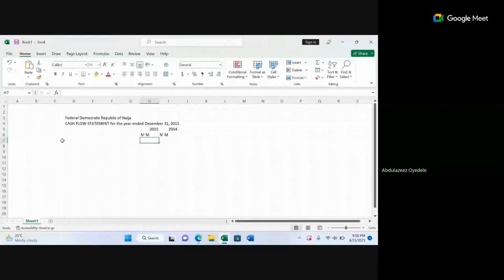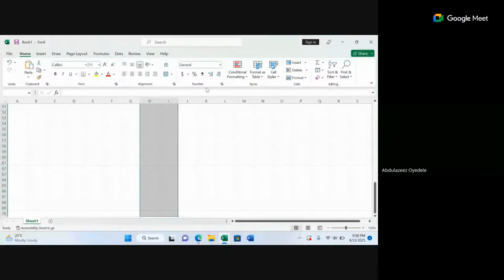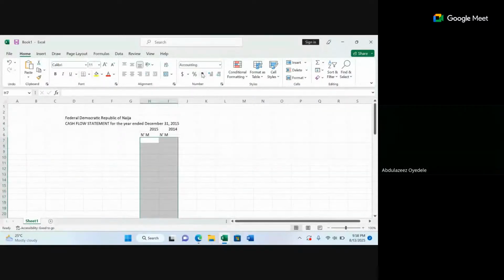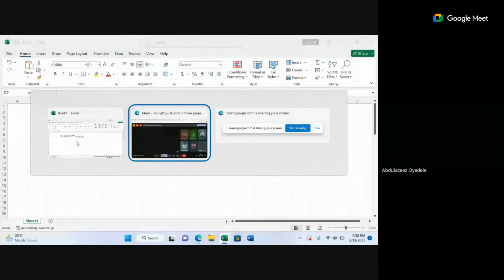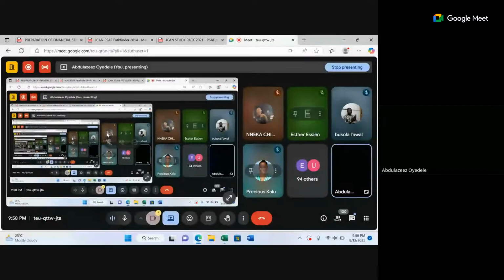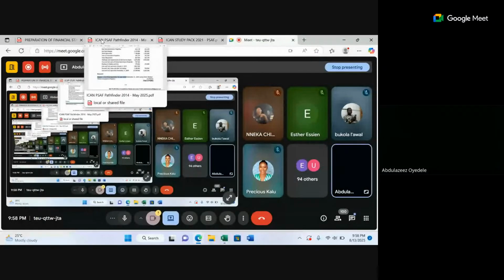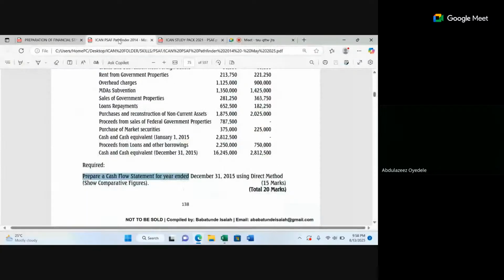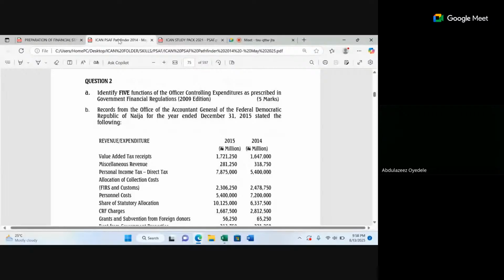Now we're starting with the cash flows from operating activities. We know that our cash flows from operating activities are those items that have to do with the regular activities of that organization.